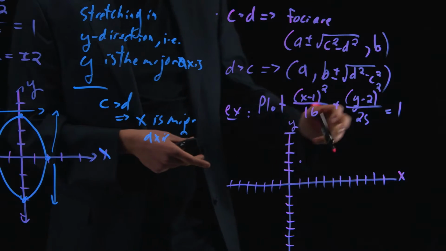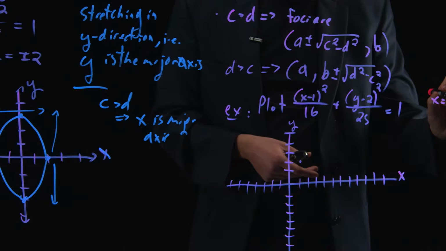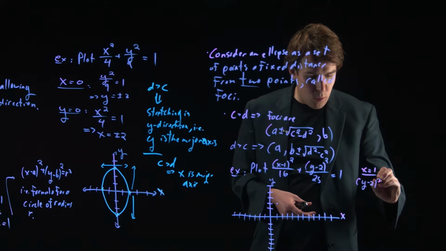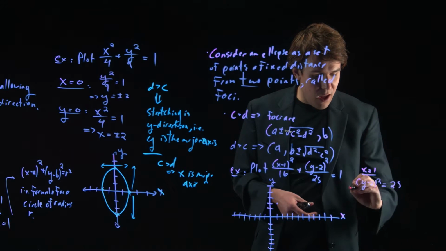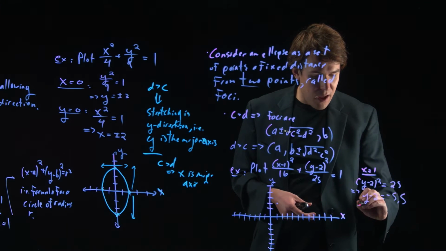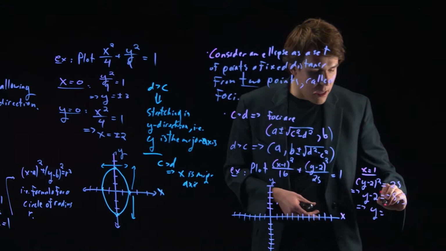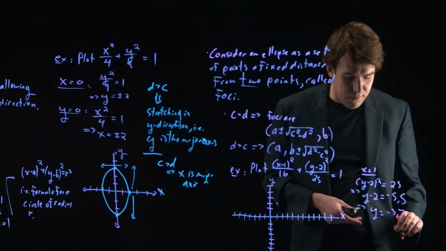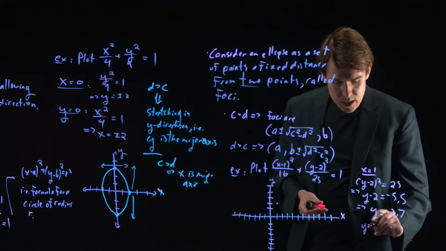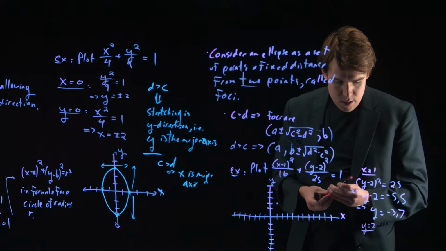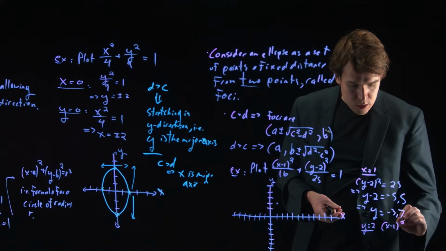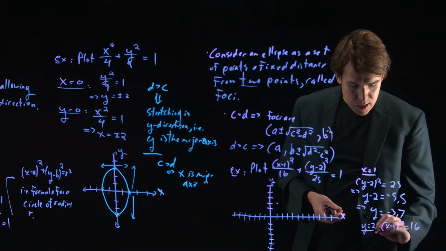And we can play the same game as before. Let's say that x is equal to 1. In that case, (y minus 2) squared needs to be equal to 25. So y minus 2 equals negative 5, positive 5. So y equals negative 3 and 7. And now let's say if y is equal to 2, then I need (x minus 1) squared to be equal to 16.